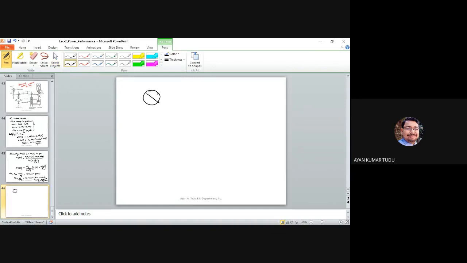The block diagram of the load frequency control system will be something like this.